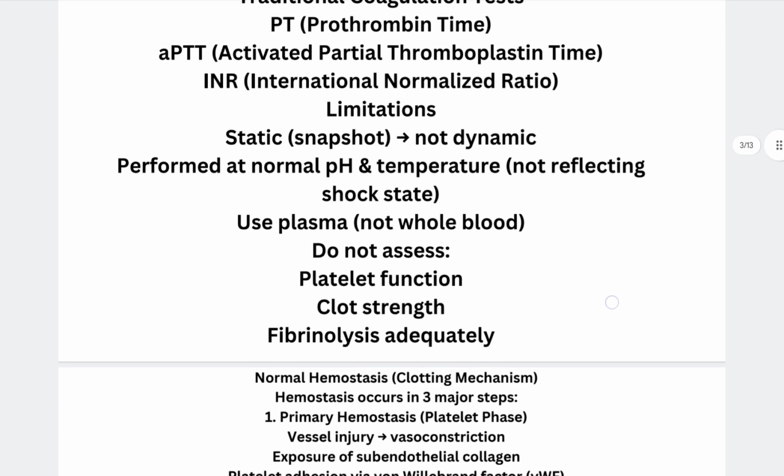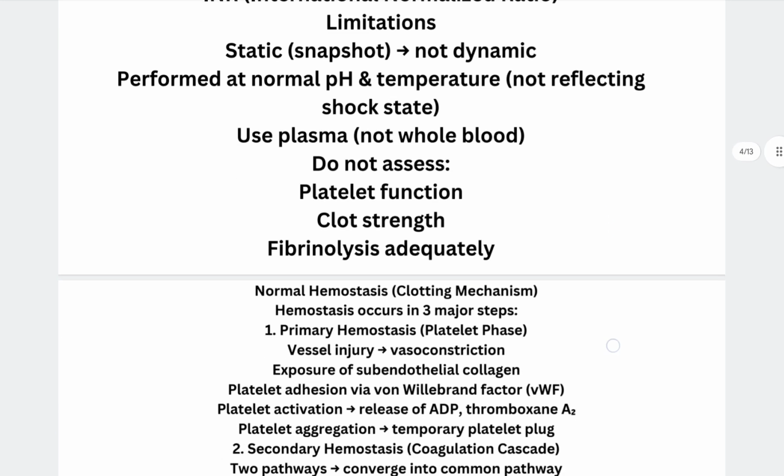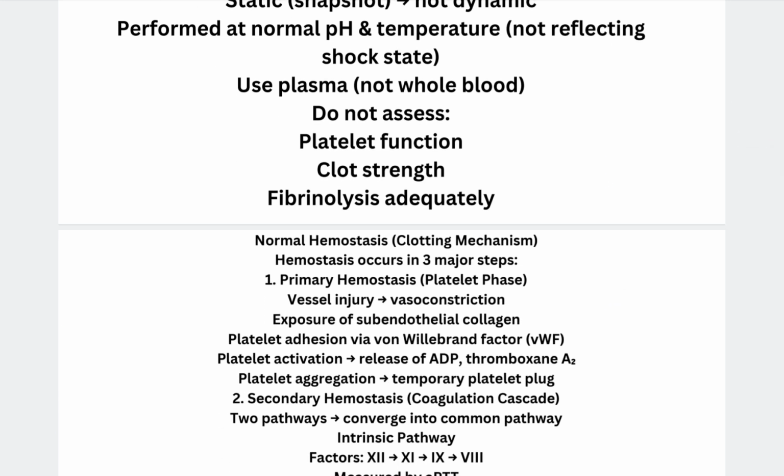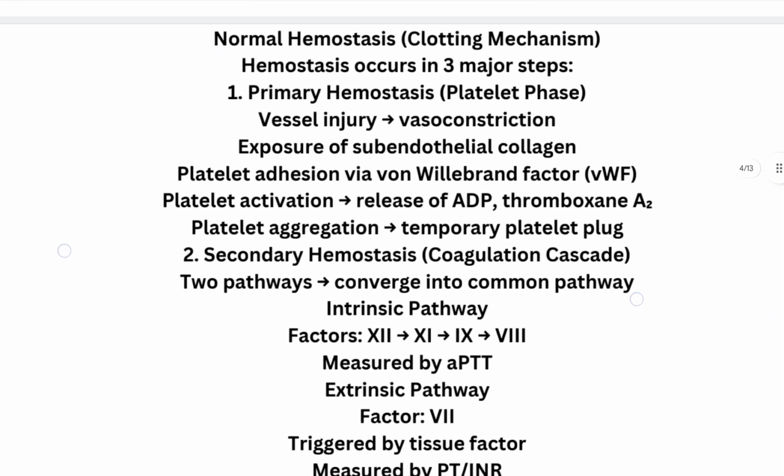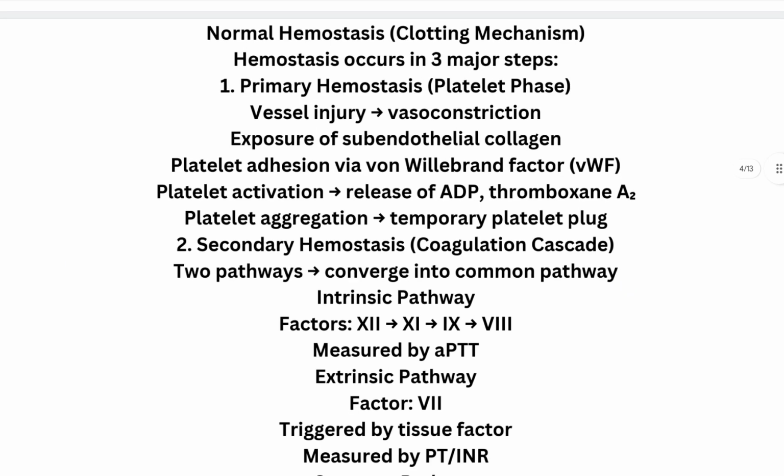So to overcome all these drawbacks of the tests, we have thromboelastography. But before that, coming to our normal coagulation cascade. Initially whenever there is any endothelial injury, there is primary hemostasis, due to vasoconstriction and exposure of subendothelial collagen, that is type 4 collagen at the basement membrane.